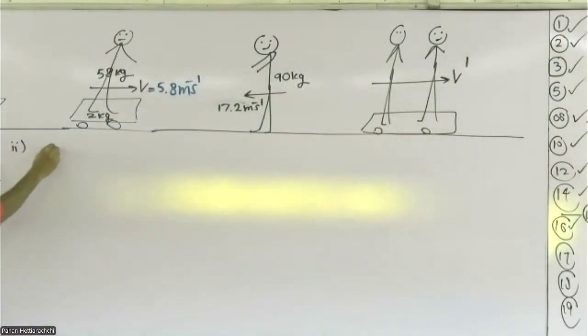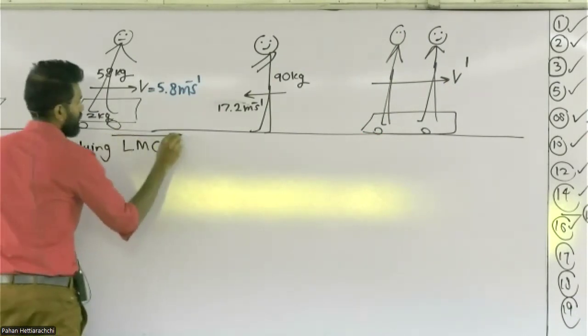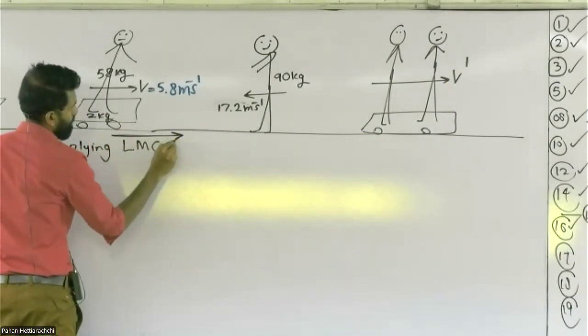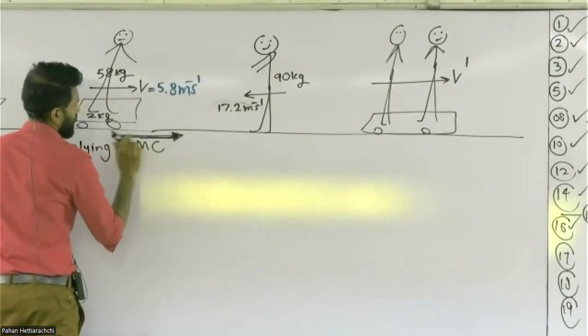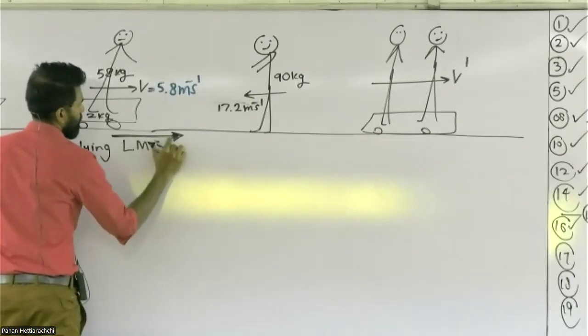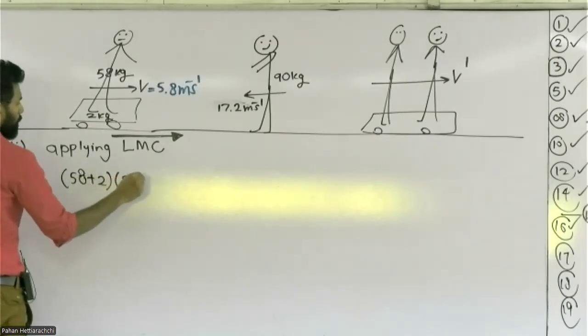Okay, again applying LMC, the law of momentum conservation, to the front direction horizontally. This 58 kg man with the 2 kg trolley will end up with a 60 kg mass having a velocity of 5.8.